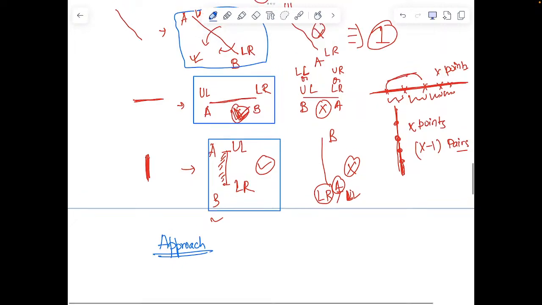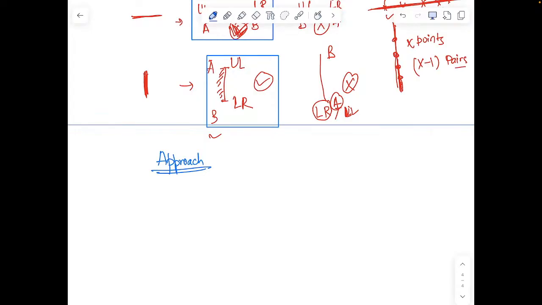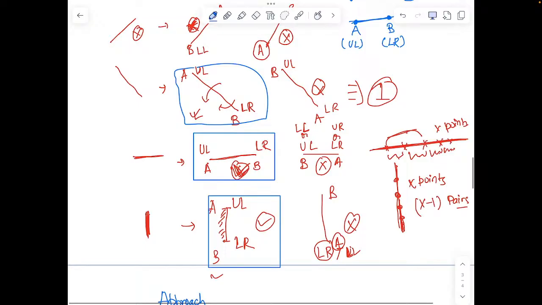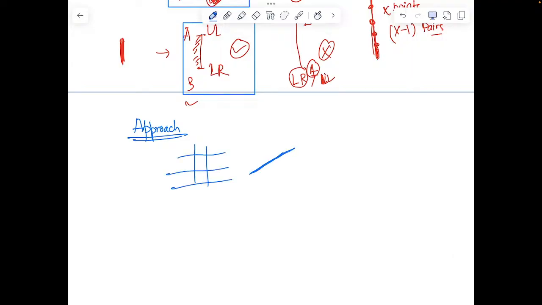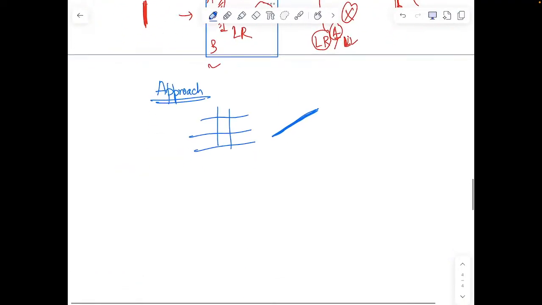So if we have to do this, what do we have to find? First of all, we have to reject this type of lines in the grid. This is the grid given to us, and we have to reject this kind of lines because they will never be a good one. Now let's come to this kind of lines.